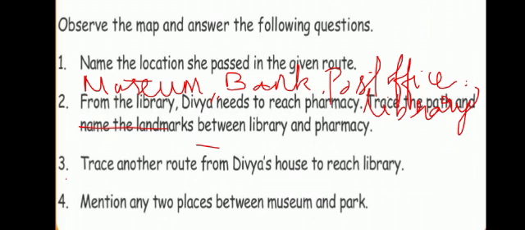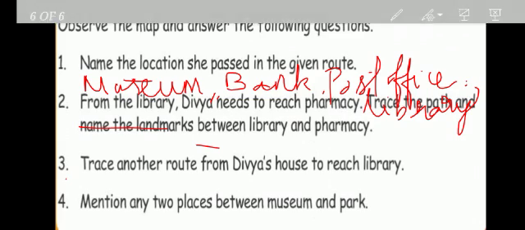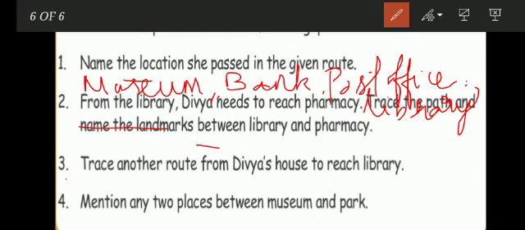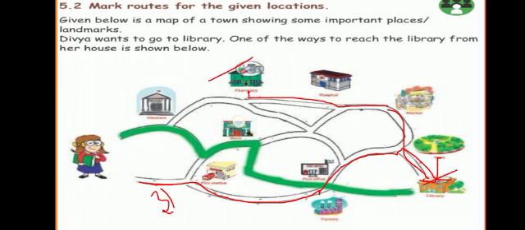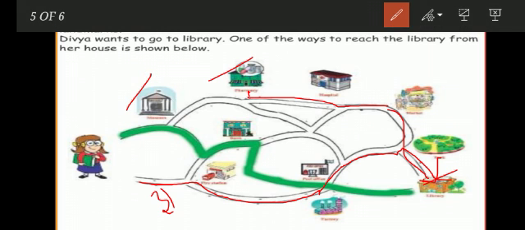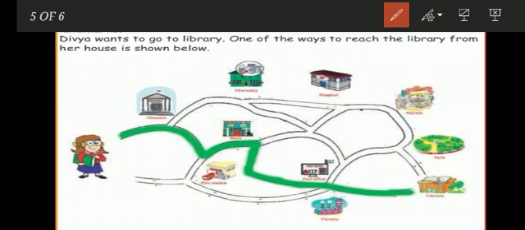Okay, now we go to the last question. Mention any two places between museum and park. First we will see what the places are between museum and park. From the museum to the park, we write only two places, any two places.